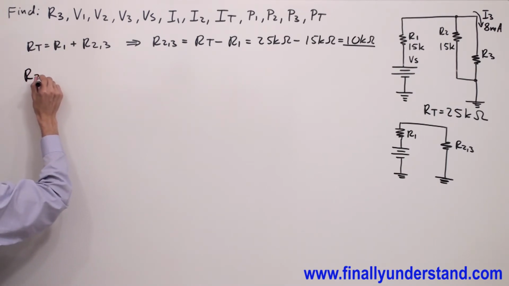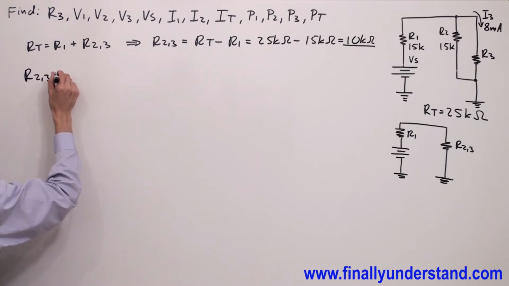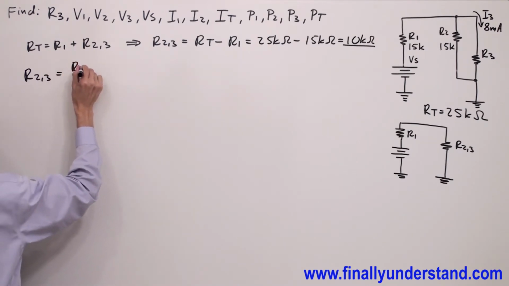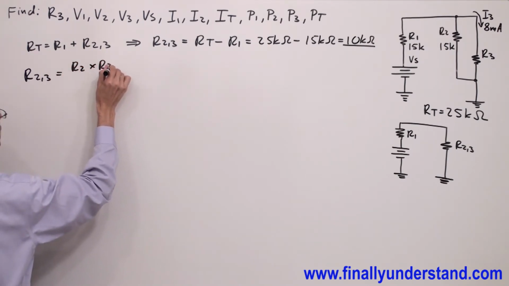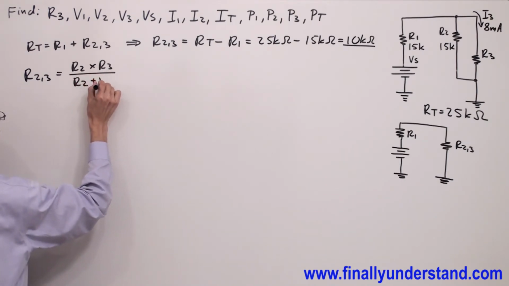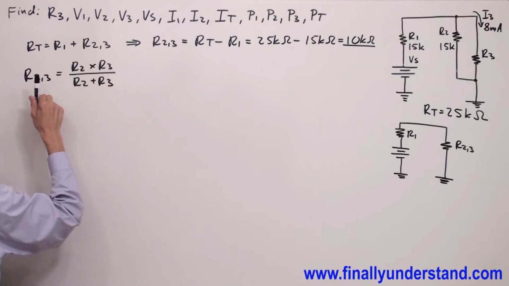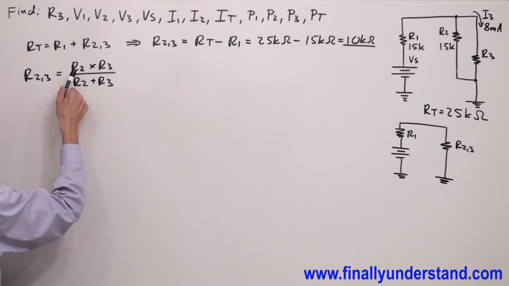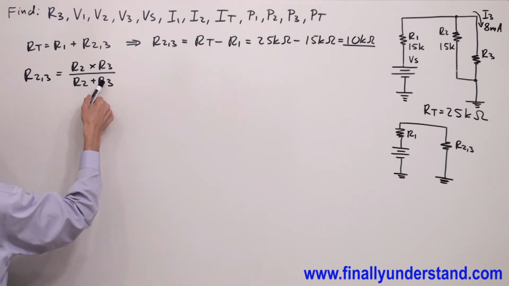R2, 3 is equal R2 times R3 over R2 plus R3. This one is given, R2 is given, I can find R3.